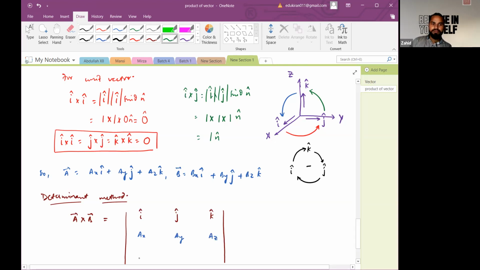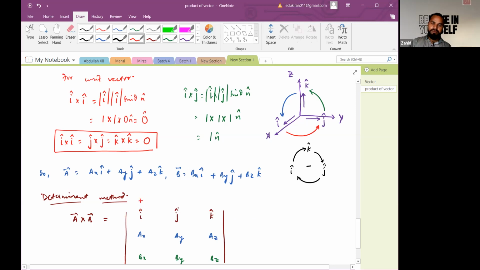Similarly, the coefficients of vector B: BX, BY, and BZ. Depending upon the position of each term, a horizontal line defines a row and a vertical line defines a column. So the position of this i will be 1 and 1, which on summing gives 2, which is an even term. So it will be positive.